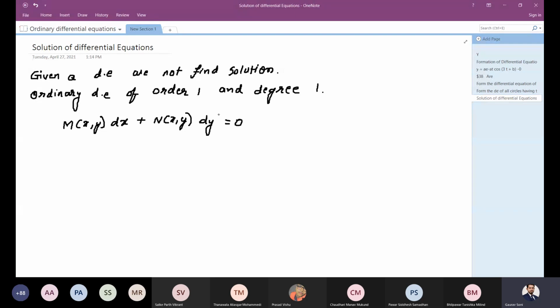You can always convert this type of equation to the form dy by dx is equal to some g of x comma y. This is the type of differential equation we are going to solve in the given syllabus. And the first method that we will see is the variable separable form.